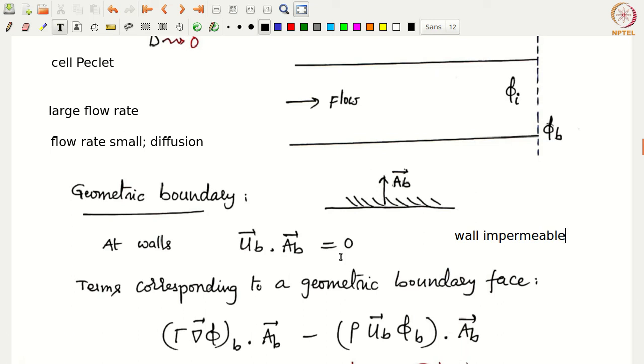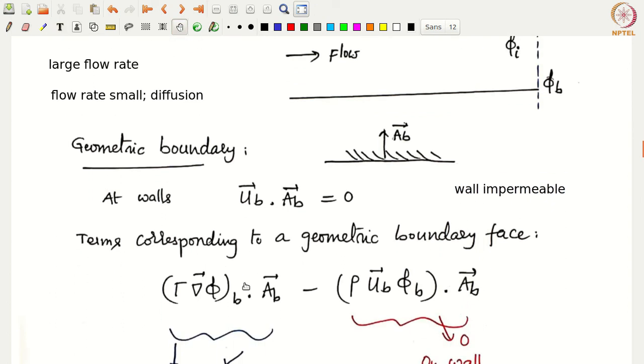So here we have not made any assumption related to the viscosity. We have not made anything related to the no slip condition. We are only talking about the impermeability of the wall, which makes it UB bar dot AB bar equal to 0. Okay, so once you have UB bar dot AB bar equal to 0, what will be the flow rate across the wall? That is of course 0. That means if we look at the boundary contribution, then we have the diffusion term and the convection term.